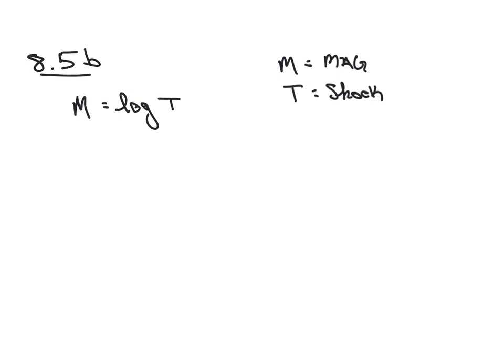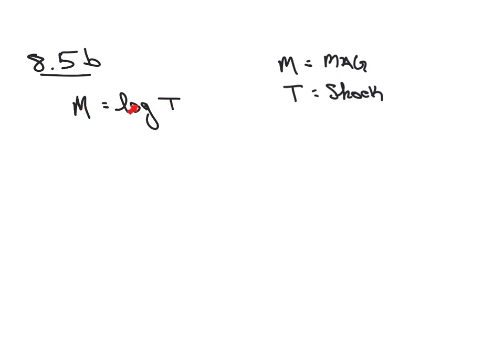All right, so those are the two variables that we have. So in 1906, we've got this earthquake that measured 8.3 on the Richter scale. The San Fernando earthquake of 1971 measured 6.6 on the Richter scale. Find T for each earthquake. All right, so we're going to look at them one at a time.